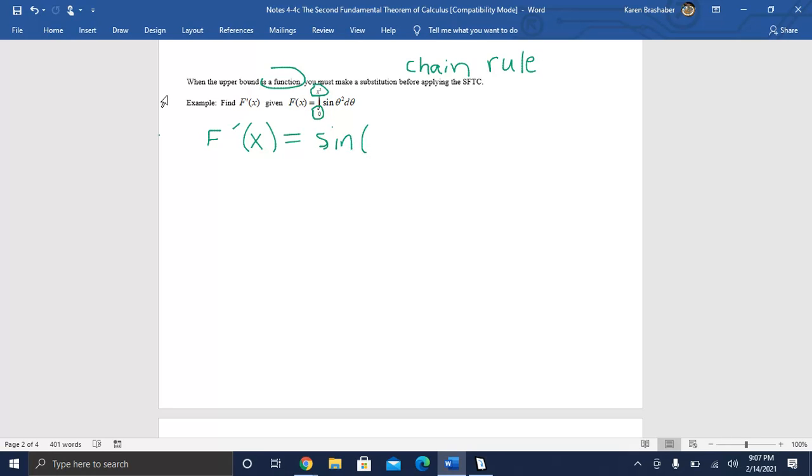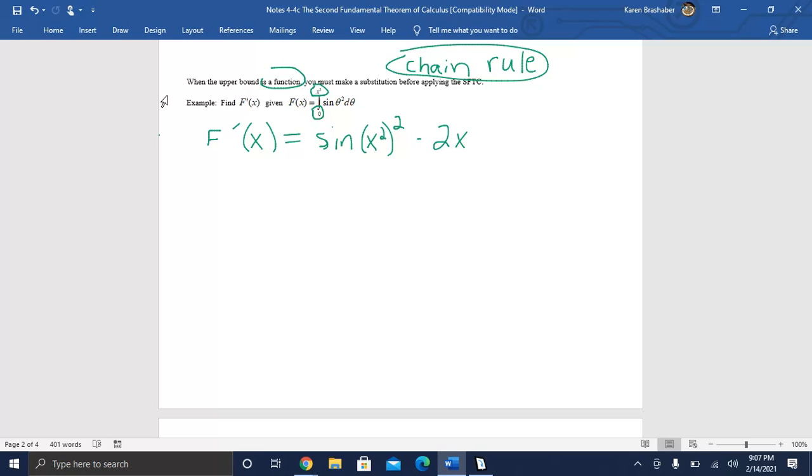The theta was squared. And then that would be the application of the second fundamental theorem. But now I'm going to do the chain rule because I had an x squared. So I'm going to multiply by the derivative of x squared, which is 2x. So your chain rule comes into play right here.